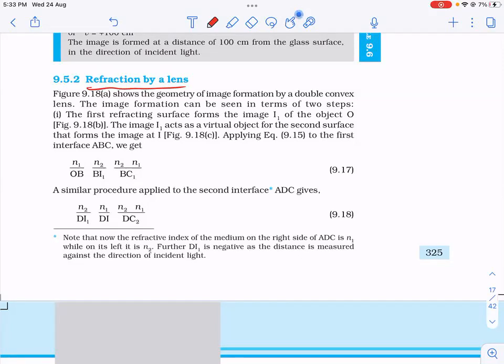But again, the topic refraction by a lens means I need to speak about two refractions. After undergoing multiple refractions, where is the image formed? When I talk about refraction by a lens, how many types of lens can I give you?